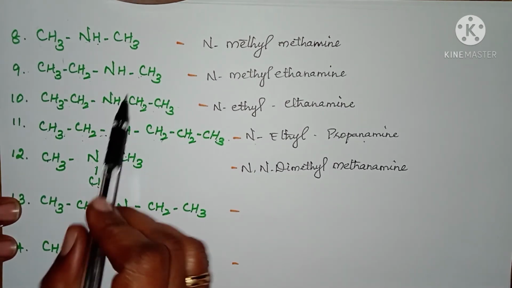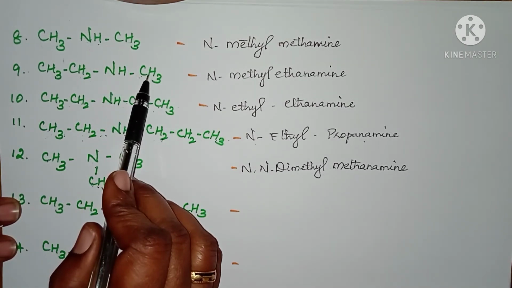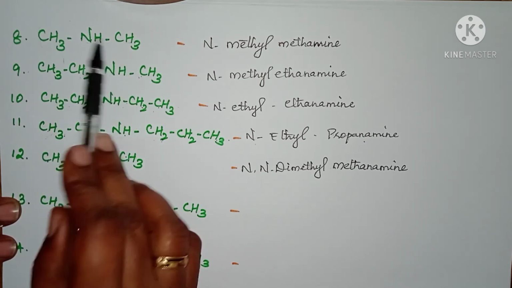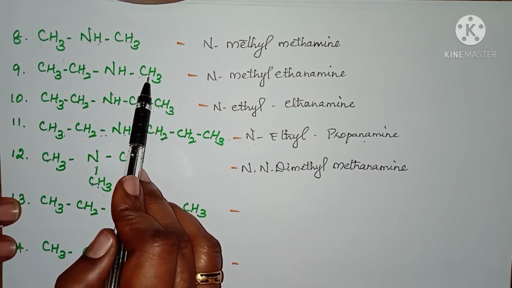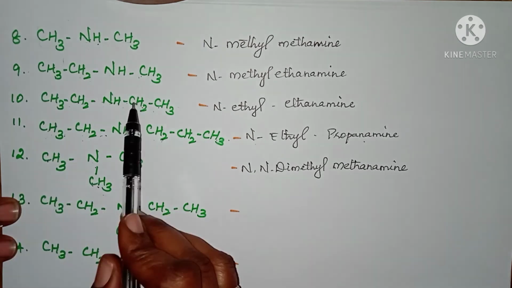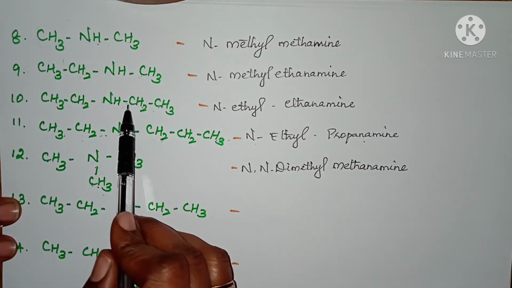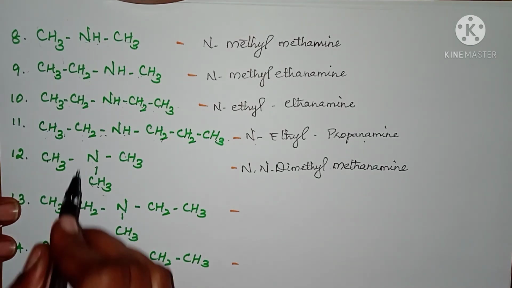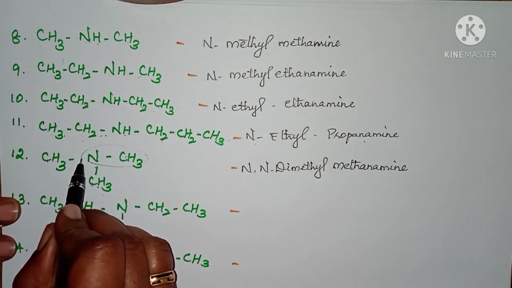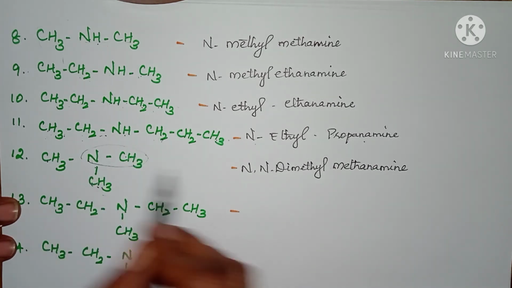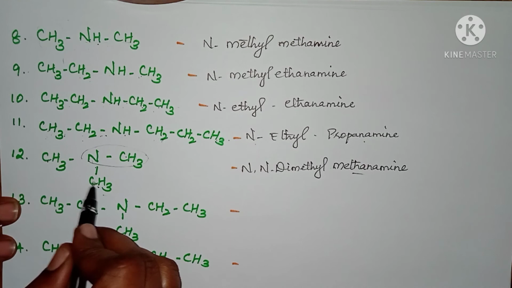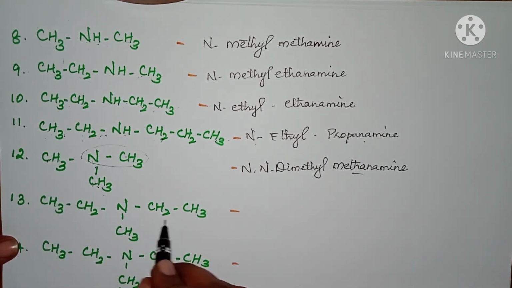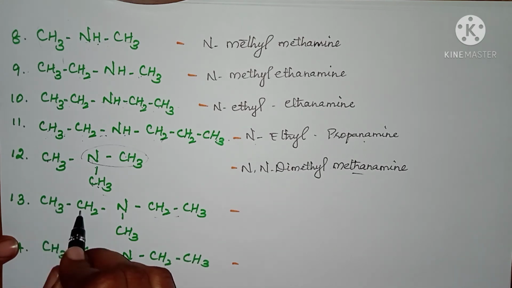See, the same thing here also. N-methyl ethanamine. Here also N-methyl methanamine. Here N-methyl ethanamine. Here N-ethyl ethanamine. So you take first the part that is the parent, and bring it at the last. Then you bring another part. Next one: this side an ethyl group, this side also an ethyl group.